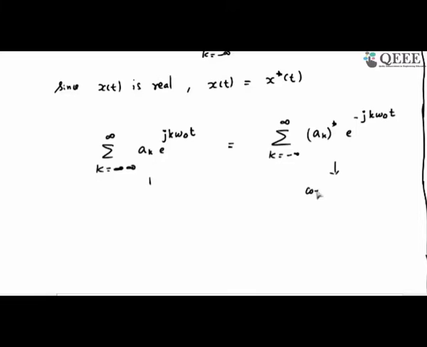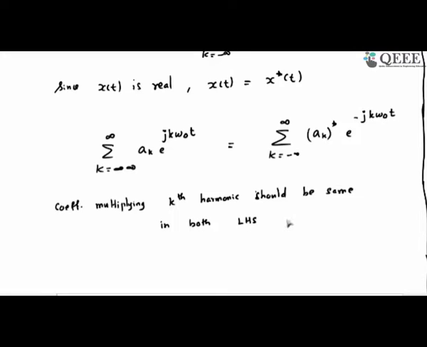But now if you look at this Fourier series representation, the coefficient multiplying the kth harmonic in both sides has to be the same. So the coefficient multiplying the kth harmonic should be the same in both the LHS and RHS.